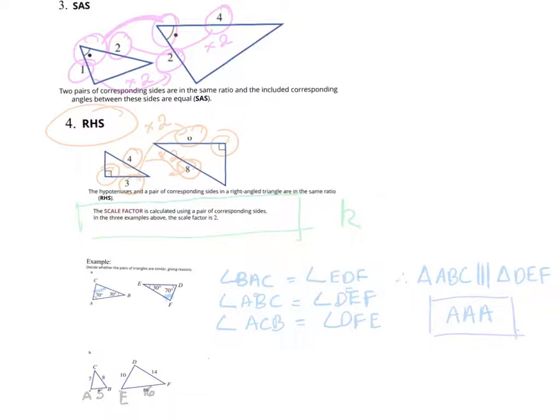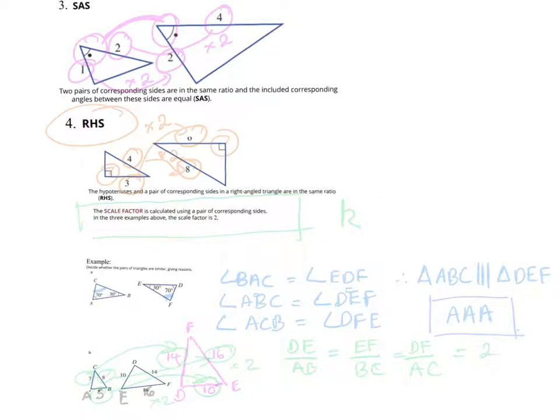So let's have a look at what it should look like. Now that I've reversed the triangle, you can see that to get from 7 to 14, we times by 2. To get from 5 across to 10, we times by 2. To get from 8 across to 16, we times by 2.